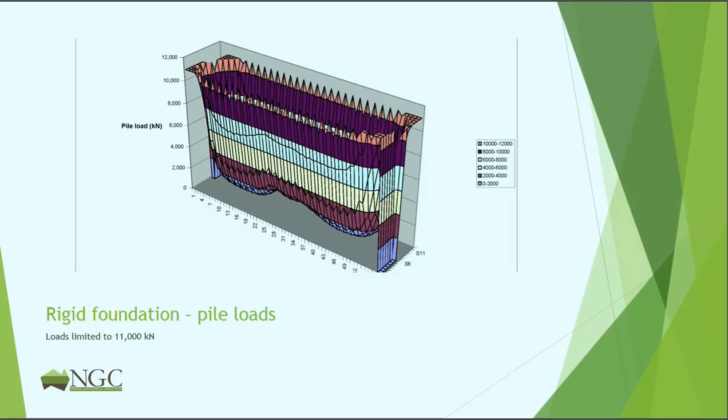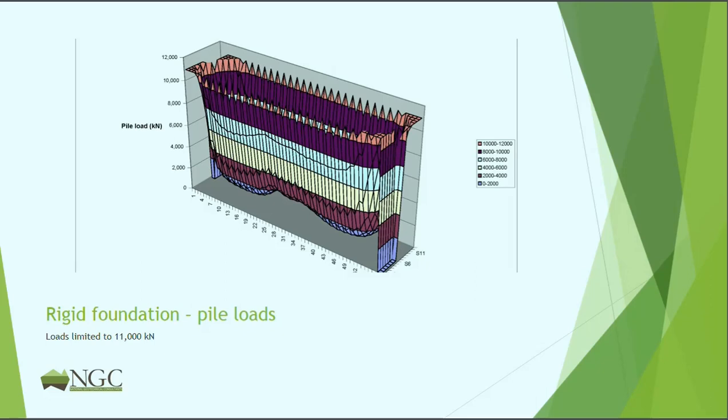So this is saying that if you have an infinitely rigid foundation, then the highest loads are going to be actually all around the edges, and the lowest loads are going to be in the middle. Exactly the opposite of the linear elastic spring on a rigid base SAFE model.